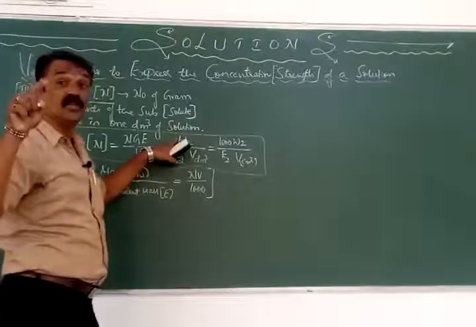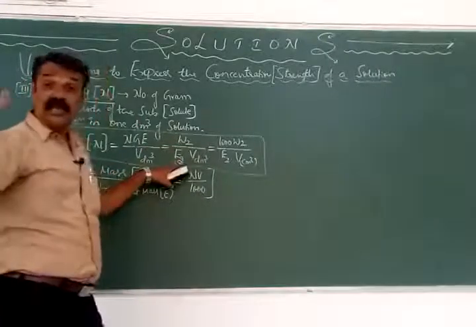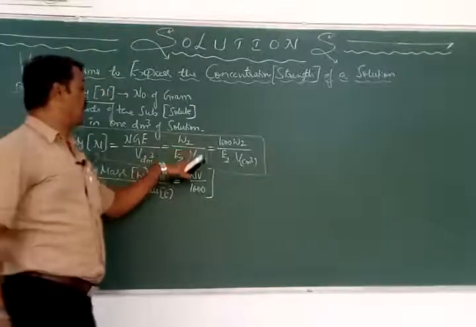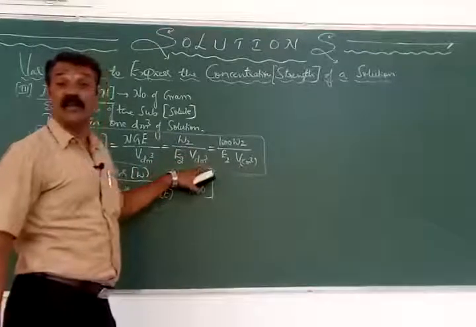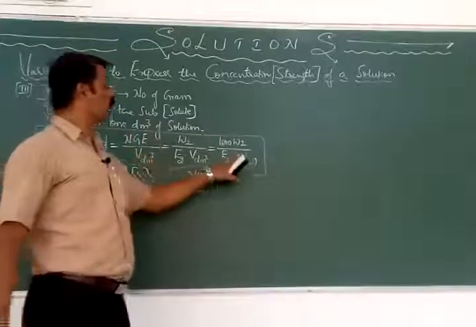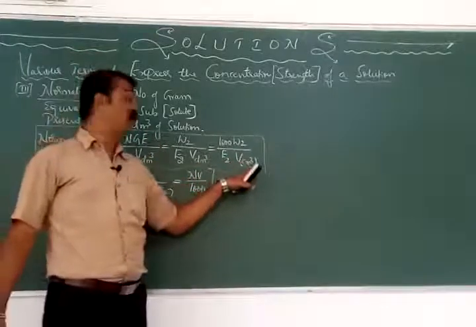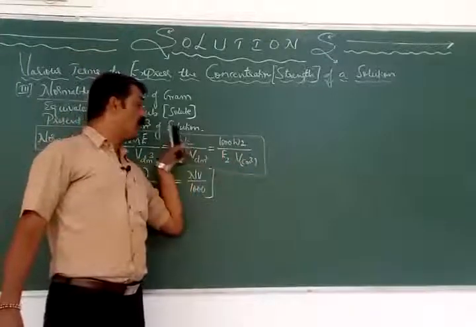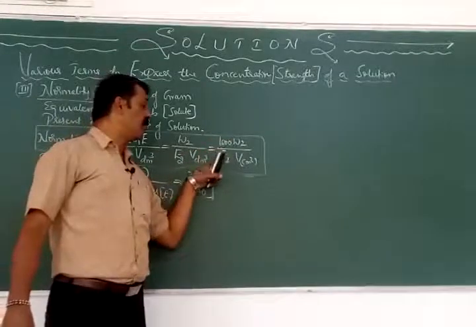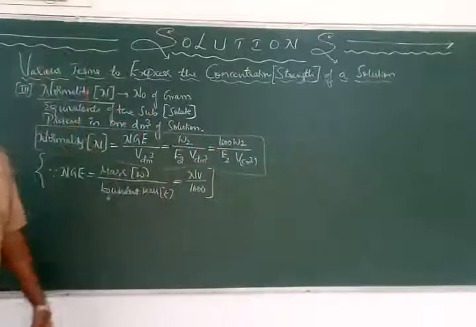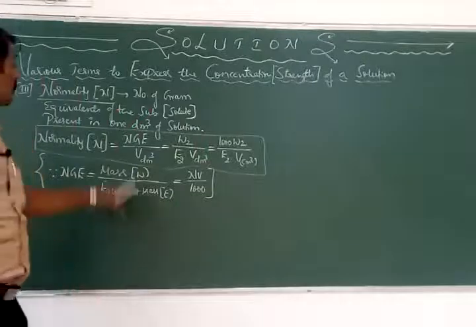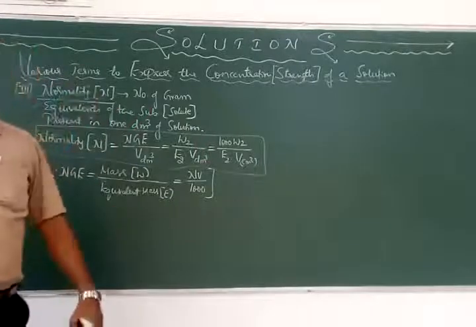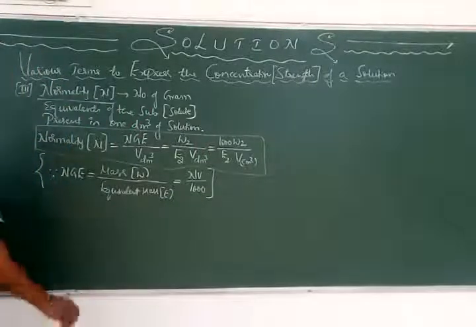W2 is the mass of the solute, E2 is the equivalent mass of the solute, and V is the volume of the solution expressed in dm cube. If the volume of the solution is expressed in cm cube, then normality is equal to 1000 W2 divided by E2 into V expressed in cm cube, or sometimes ml. So this concept is called normality.